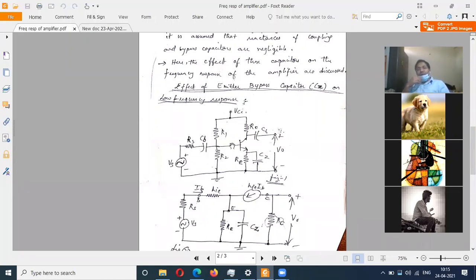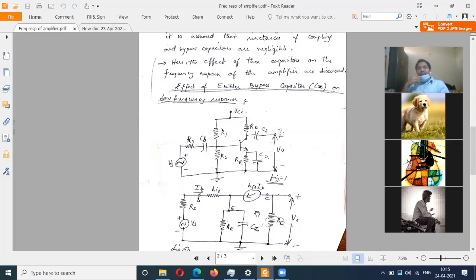So Vs Rs is directly connected to base. From emitter we have RE and CE. From collector, this capacitor is also a short circuit, so collector goes directly to output, and from collector we have this RC.